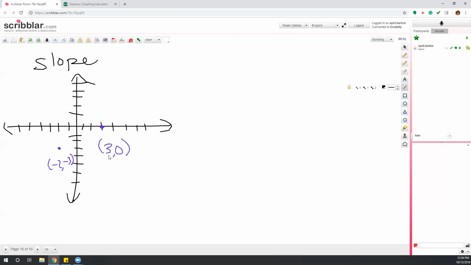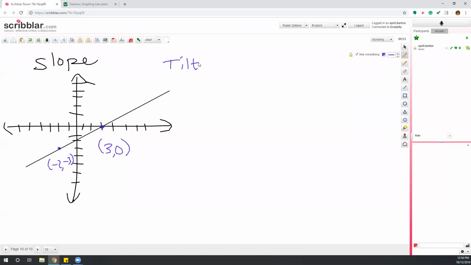I can't draw a straight line very well with a mouse. So the slope is basically the tilt of the line. How much is it tilted?